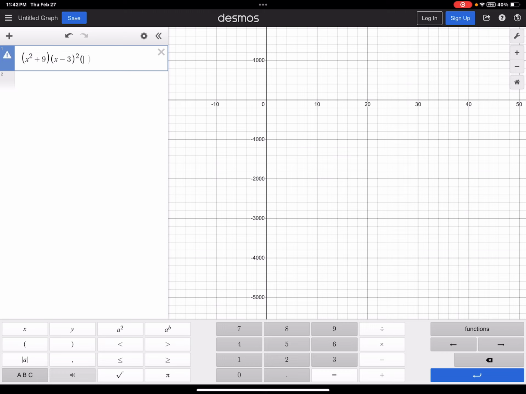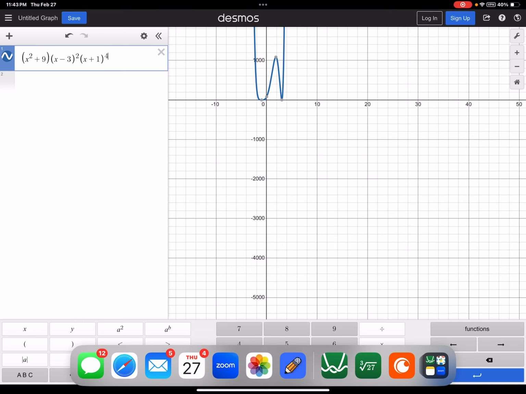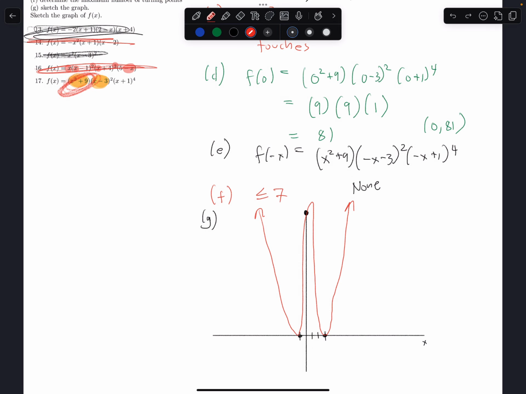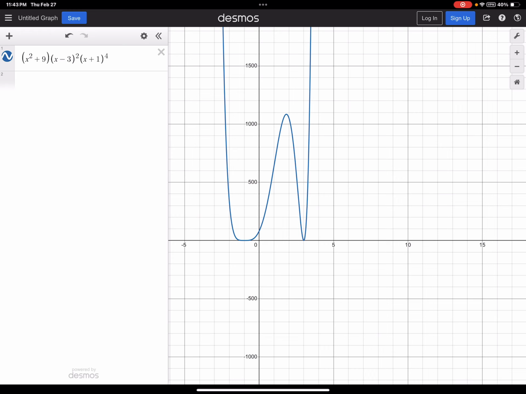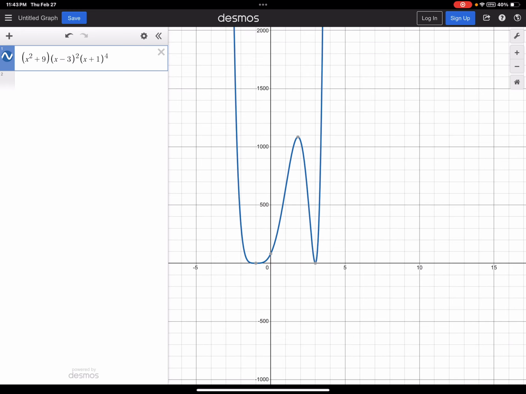Okay, so it should cross at negative 1 and at 3. Here's negative 1, here's 3, and then this should be 81. Yep, (0, 81), there it goes.